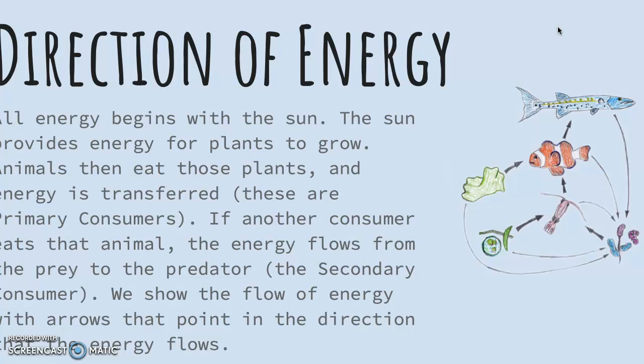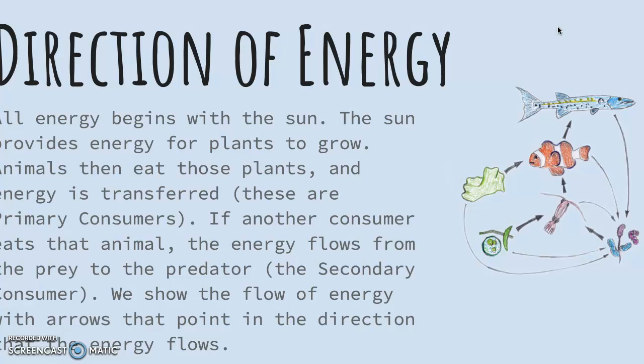In this picture, we see those green leaves on the bottom. They transfer energy to the little shrimp-looking creature, the little pink guy. After the shrimp eats the seaweed or the algae, the clownfish is a consumer that will eat the shrimp, or the clownfish also looks like it could eat some of that lettuce.